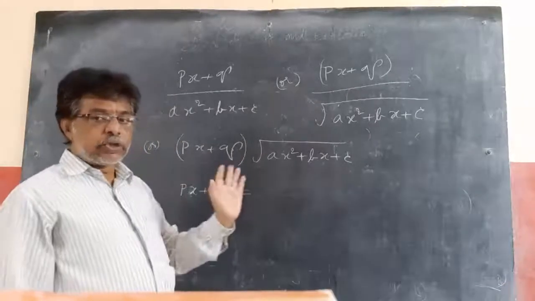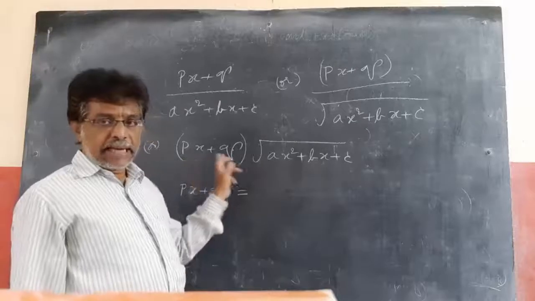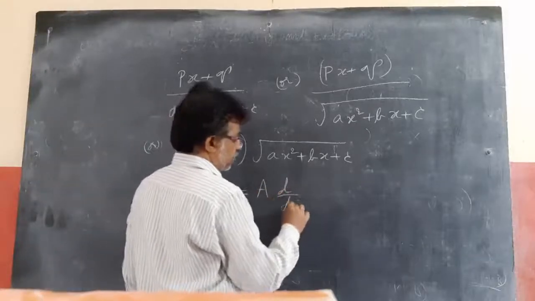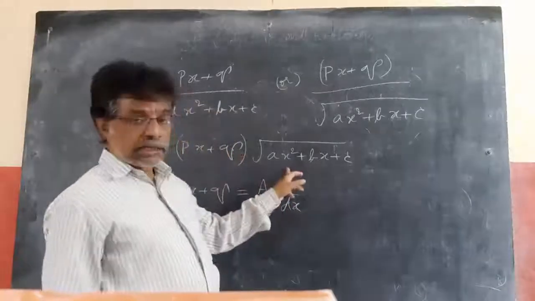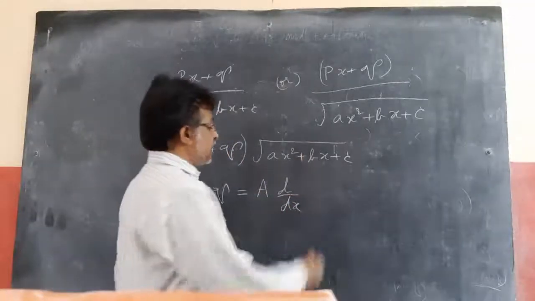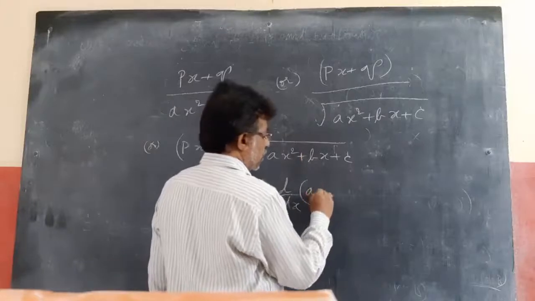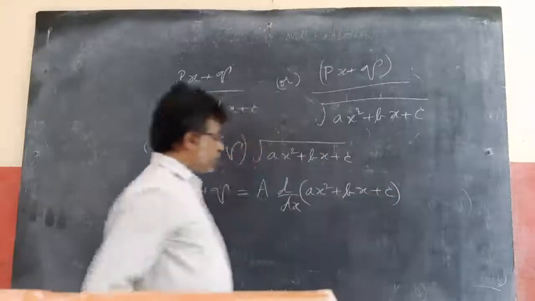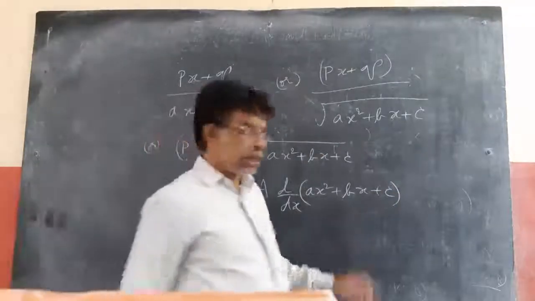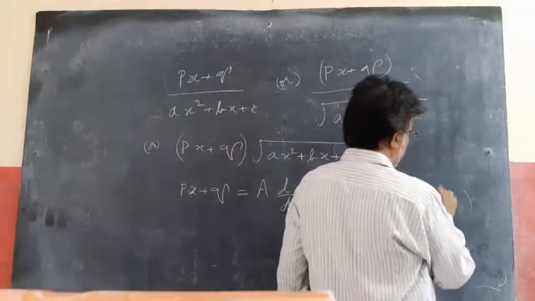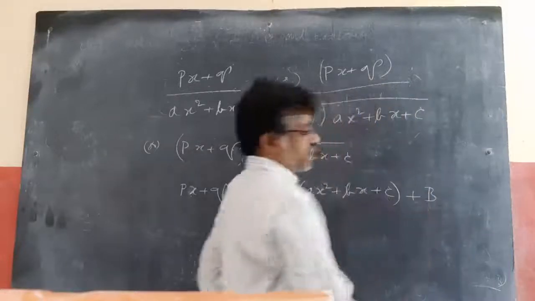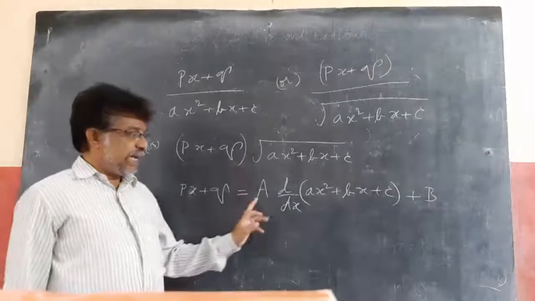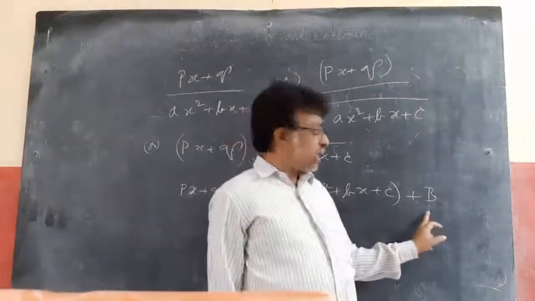That's why I take linear, and a into d by dx of the quadratic ax square plus bx plus c. There is no b into denominator here, just b. So you write this linear expression as a into d by dx of quadratic plus b.